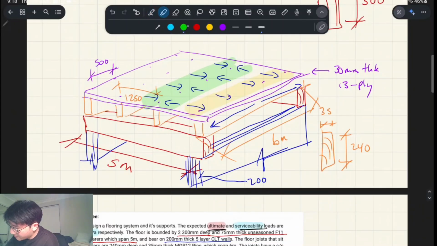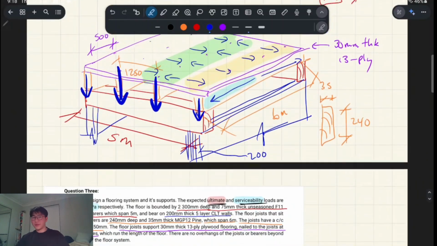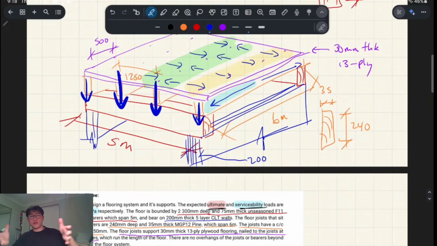And then at that point, the loads will go like here, and they go here into the supports. So there'll be a certain load there, which would be a point load. There'll be another load here, which would be a bigger point load because these are the internal ones, and then a lighter load at the edge as well. So you have these bearers that are going to be taking, in what I've just drawn, which I don't think that's accurate.